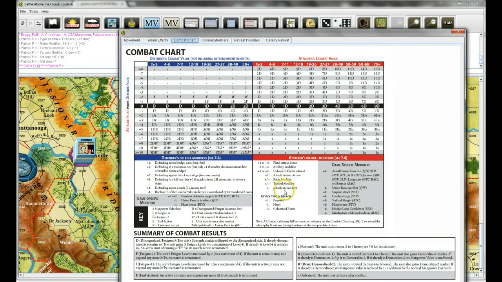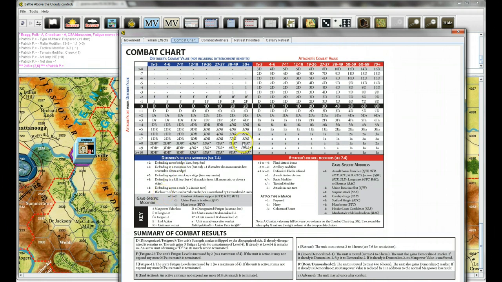Some of the ones I didn't talk about, because they don't come up all the time, are attacking in rain, attacking from hill to hill, or from lower terrain up into a mountain. The defender in a mountain or hill terrain hex is going to get either +1 or +2, depending on what's going on here. So you can see some of those are articulated here.